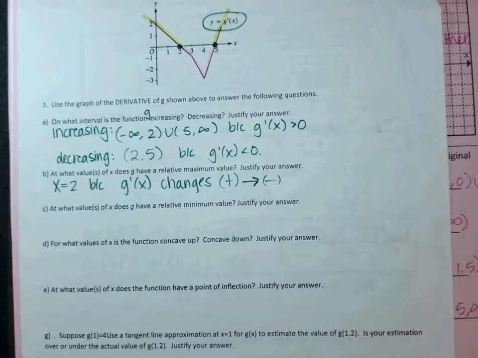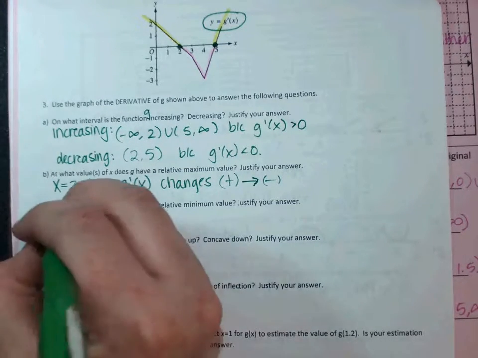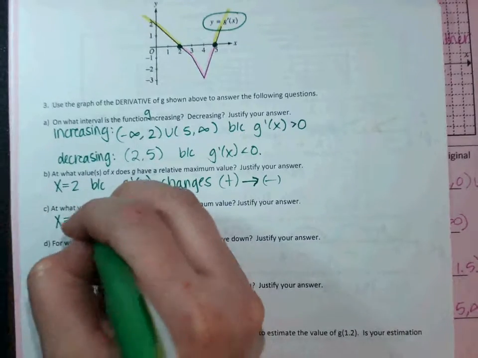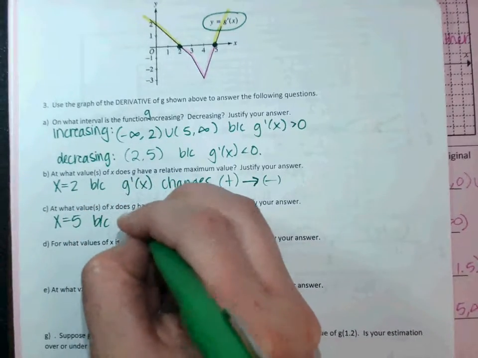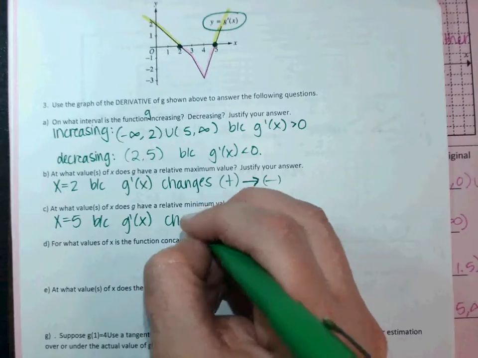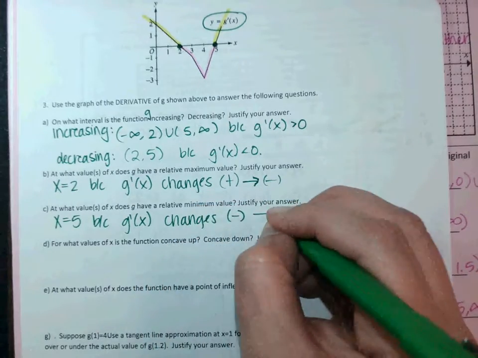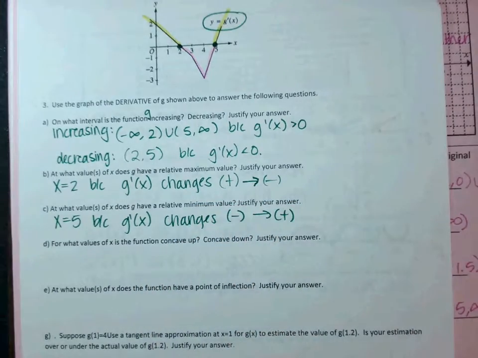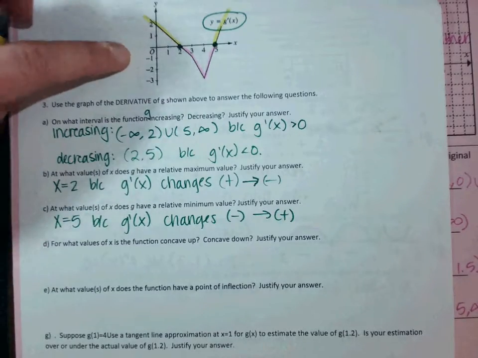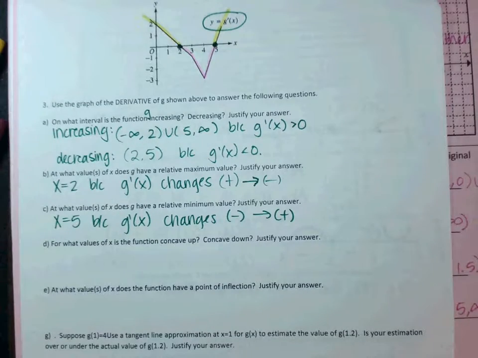What type is 5 going to be? A min, because G prime of X changes from minus to plus. Okay, your next question, part D, is asking you about concavity. Remember, not this graph's concavity, but the mystery graph that we haven't seen.